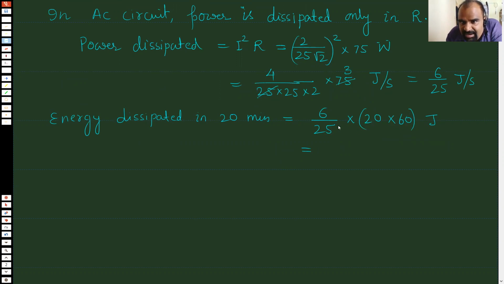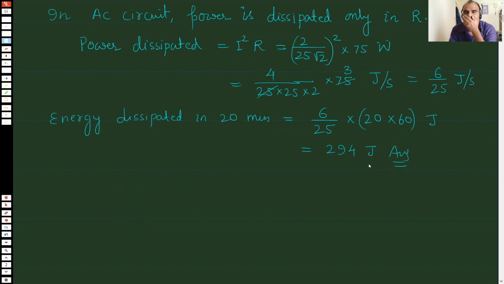So you have 4 and you have 12. 12 4s are 48. So 48 into 6. 8 6s are 48... 54 and 294, if I'm not wrong. Yeah, 294. So if I'm not wrong, then the answer is 294 joule. This is the answer.